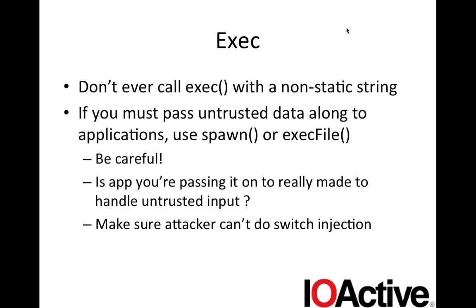Similar to that, there's child_process.spawn, which is sort of the equivalent of exec. It forks off one process and runs the command. Again, there might be some problems there where if you're allowed to pass arguments to it, for example, an attacker may be able to do some kind of switch injection depending on what the application does.